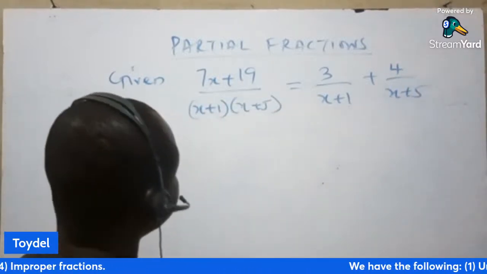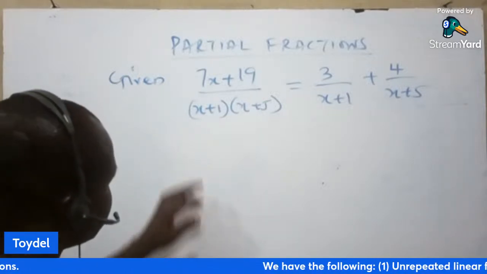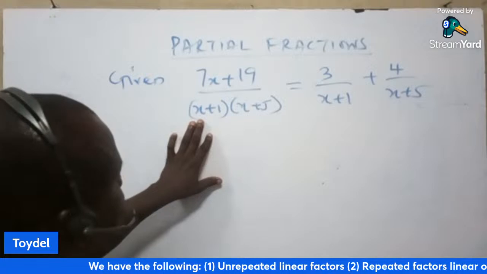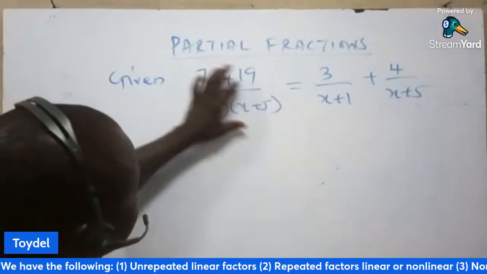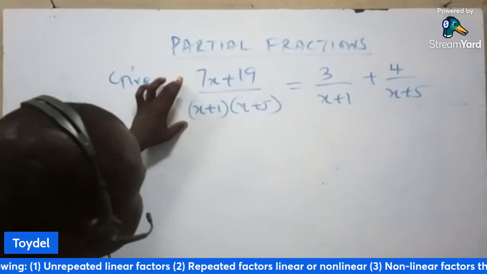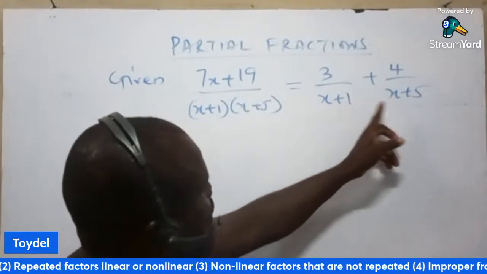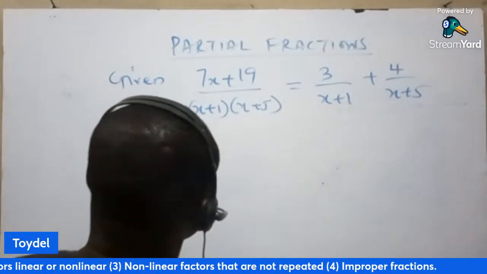What we have on the left hand side is called the compound fraction. This compound fraction can be decomposed into two different partial fractions.